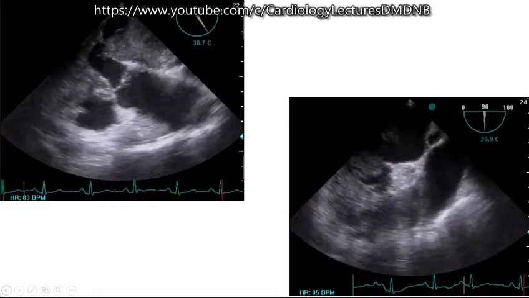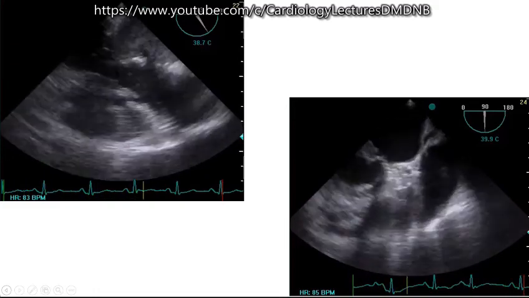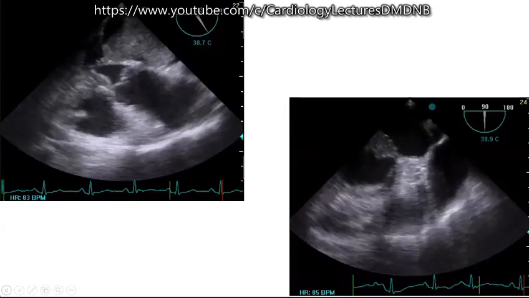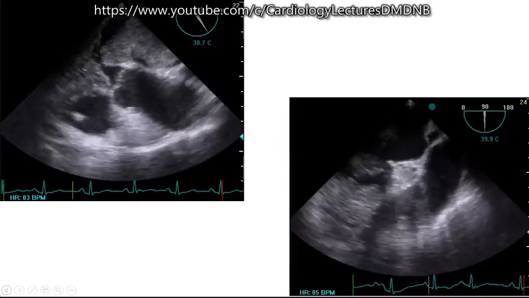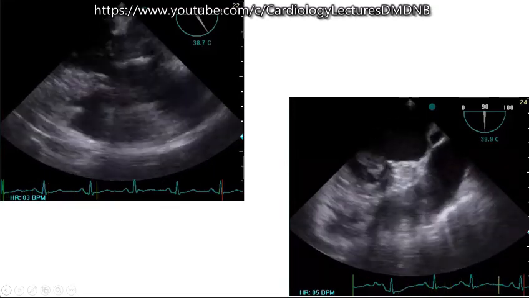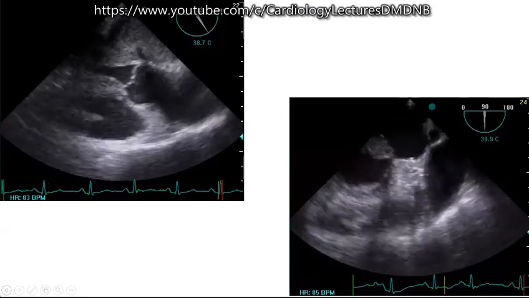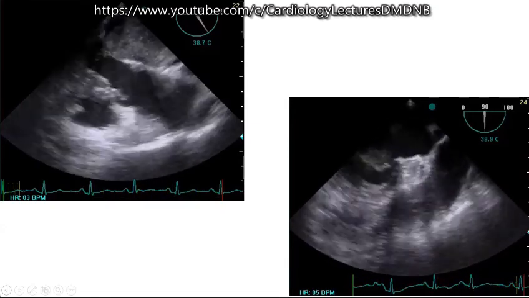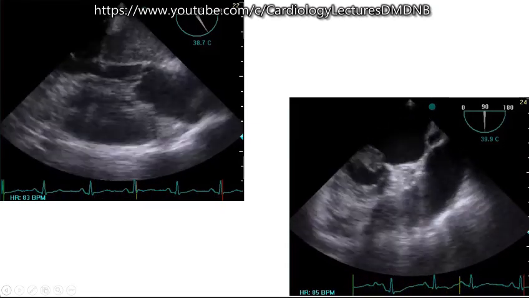Which are the cardiac chambers where myxoma is common, in the order of frequency? Of the four chambers, in what order do myxomas occur in each of these chambers? Commonest is LA, sir.